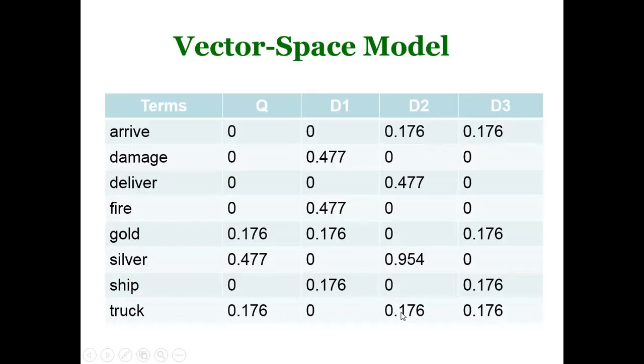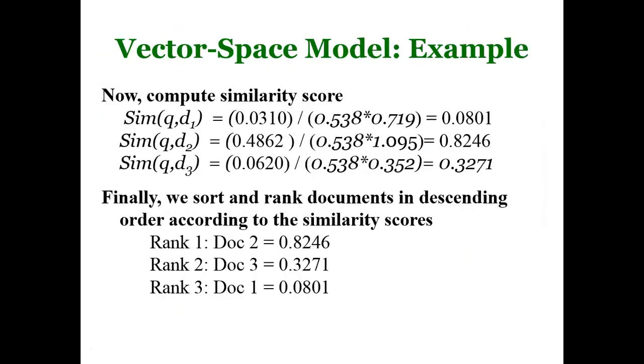Others have either Q as 0 or D2 as 0, so we can ignore them and just concentrate on the value of 0.477 multiplied by 0.954 plus 0.176 multiplied by 0.176. Or else, not to confuse, 0 times 0.176 plus 0 times 0 plus 0 times 0.477, for all terms, multiply the value in the query and document 2. Finally, we'll get the dot product.